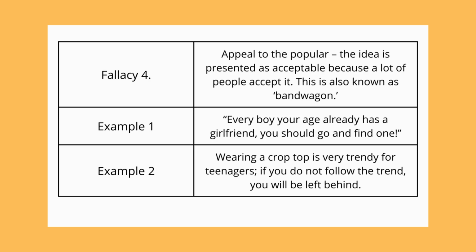If you do not follow the trend, you will be left behind. In these two examples, it is noticeable that the arguer is trying to convince someone by making him or her feel different from the many, or as if he or she does not belong, inasmuch as he or she does not conform with the popular. That is appeal to the popular.